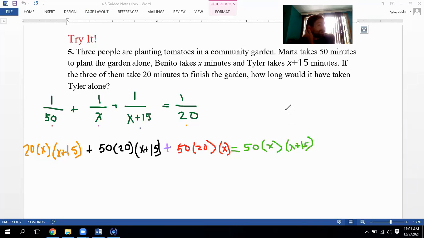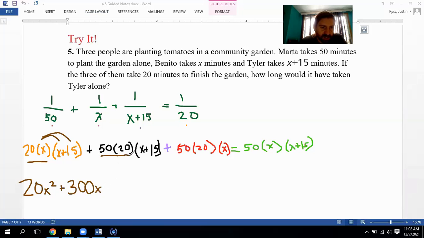Okay, so what we've got to do now is distribute all this out. Let's definitely take our time here doing this. Now keep in mind, this is 20x, so we're going to take 20x and distribute it to those two. So 20x times x is 20x squared. 20x times 15 is, let's see, that'd be 300x.